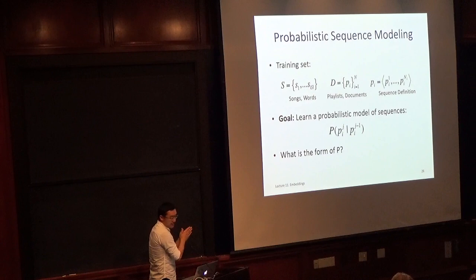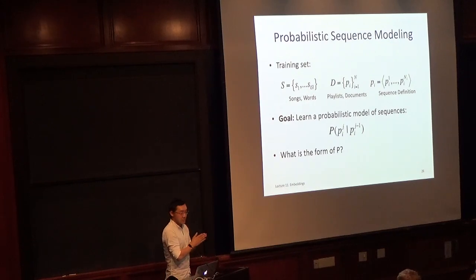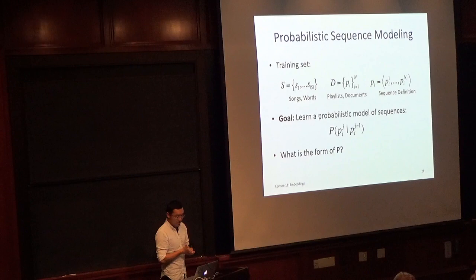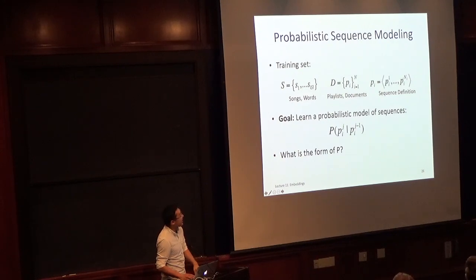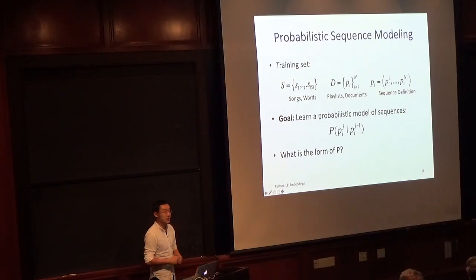D is the set of sequences, so either the set of documents or a set of playlists. Every P in D is a sequence of songs or words. Each of these P_i superscript 1 through N, the value of this P_i is one of these S's. That's how this notation works.